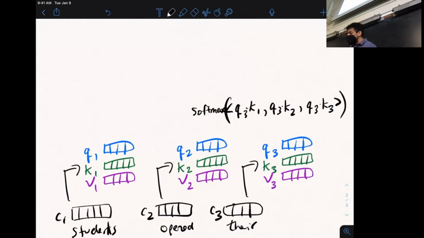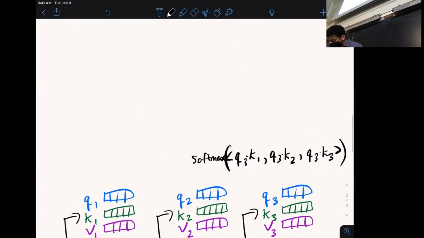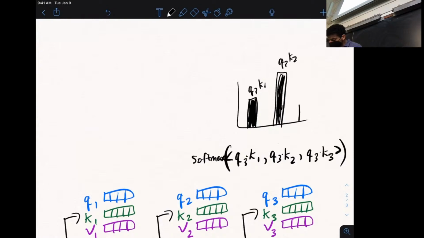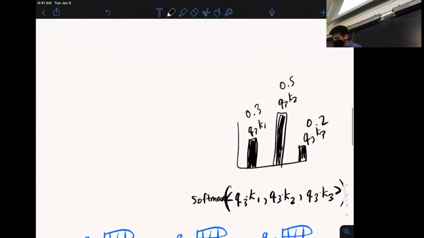And so now, maybe I get something that looks like this. This could be Q3K1. This could be Q3K2. This could be Q3K3. So let's say this one is like 0.3, this one is 0.5, and this one is 0.2.